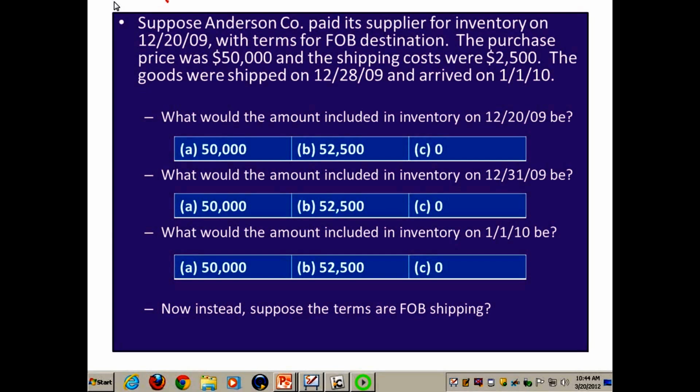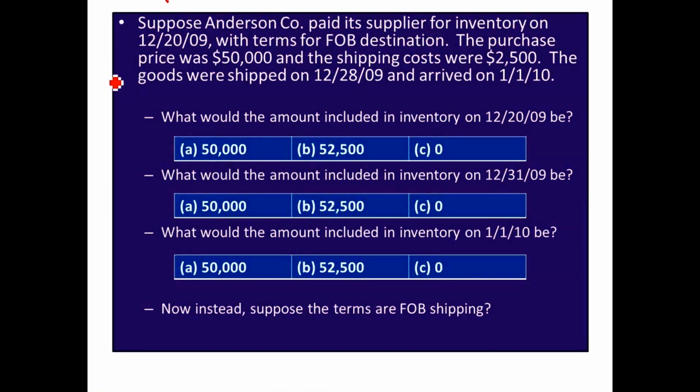Okay, so this says, suppose Anderson Company paid its supplier for inventory on 12/20/09. Okay, so on 12/20/09, you pay for your supplies. Okay, and the terms are FOB destination.